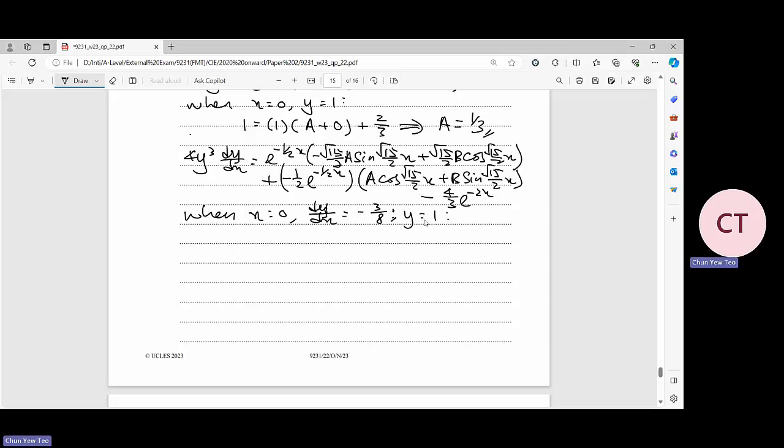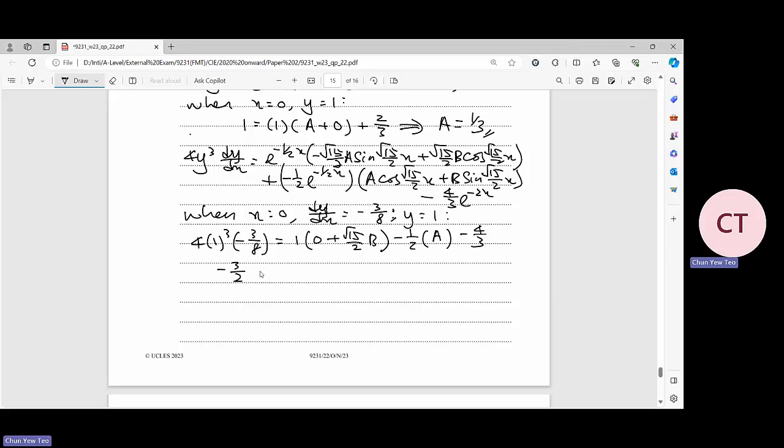Okay, so now you have 4 times 1 to the power 3, times negative 3 over 8 is equal to 1 multiplied by 0 plus 15 over 2 b, minus half of a, minus 4 over 3. Oh, quite messy. And we simplify them one by one.